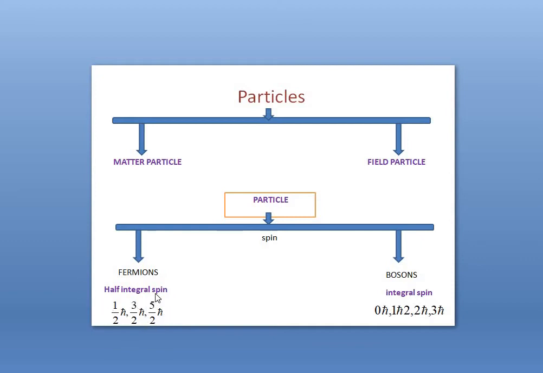So fermions have spin half, 3 by 2, 5 by 2, etc. And what about bosons? Bosons are integral spin particles, with spin 0, 1, 2, 3, etc. Bosons are integral spin particles and fermions are half integral spin particles.